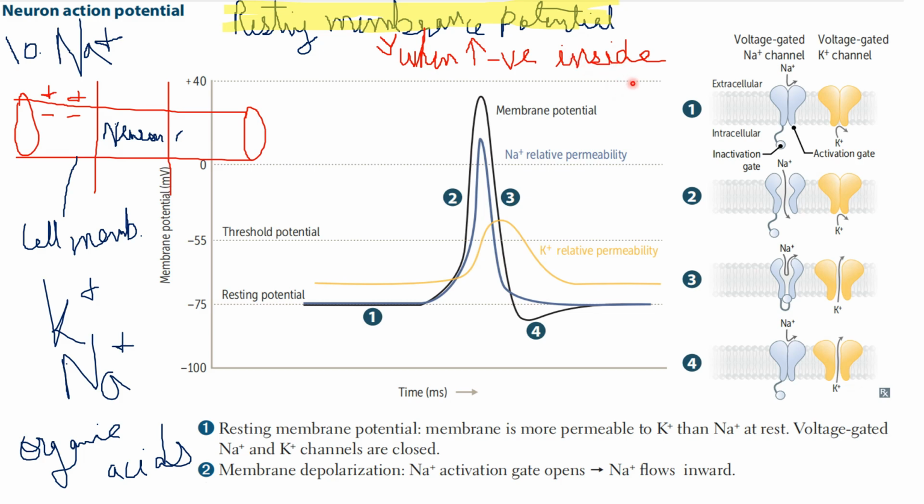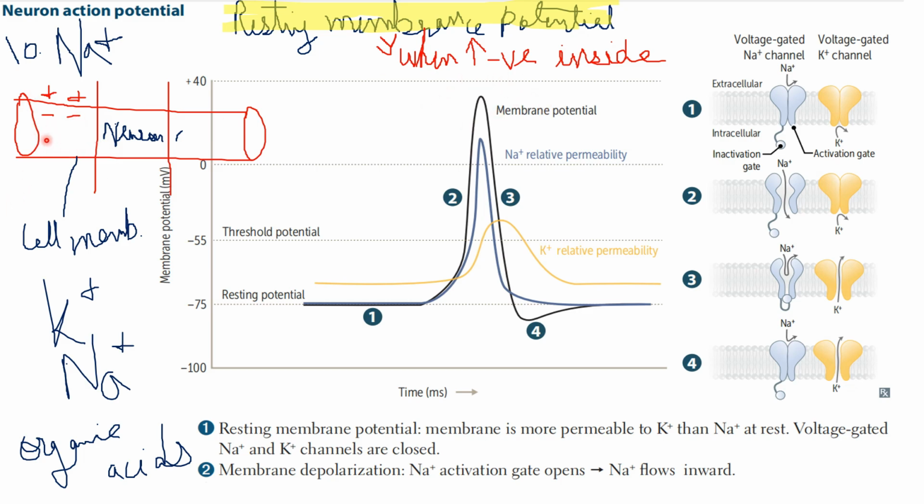And if the ions are positive inside, then it is going to be conduction. It means that the neuron is conducting the stimulation and conducting the charges, the current, or you can say energy.